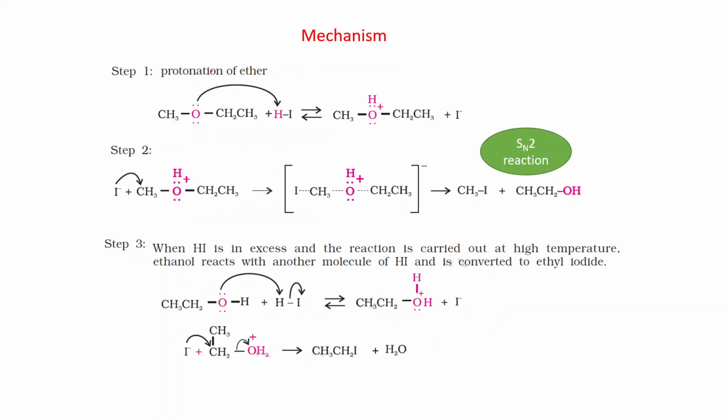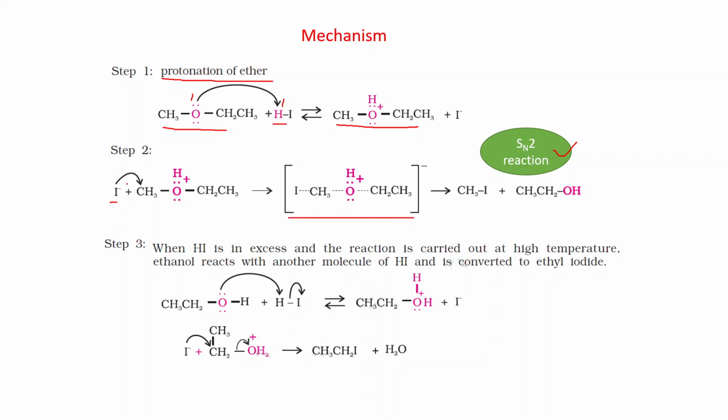See the mechanism. In the first step, protonation of the ether takes place. This is the ether. When it is added with HI, H from this HI will react with this oxygen and we get the protonated ether. Now in the second step, this I minus will attack, and this is the SN2 reaction, and as we already discussed, in an SN2 reaction a transition state is formed.